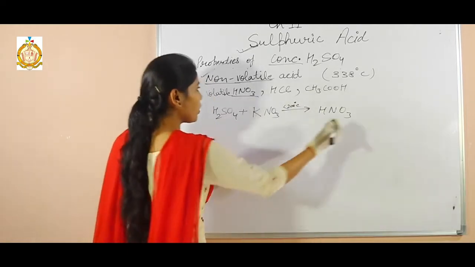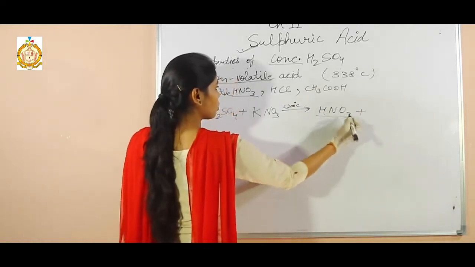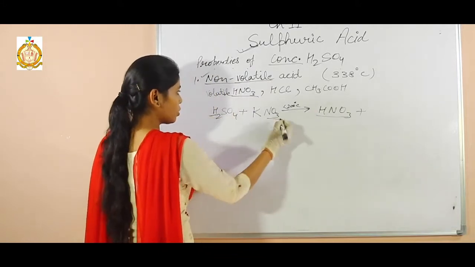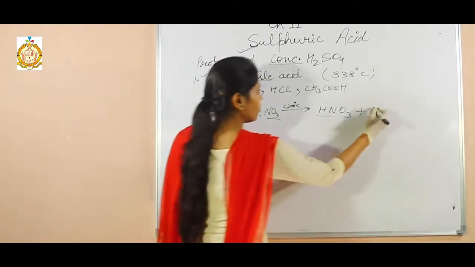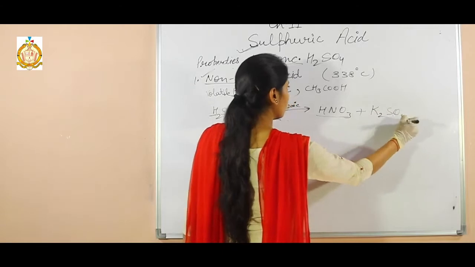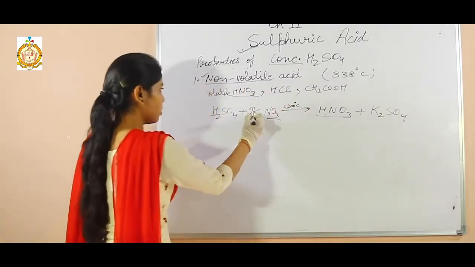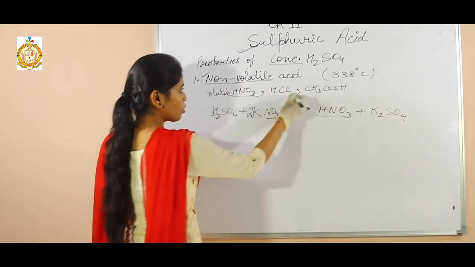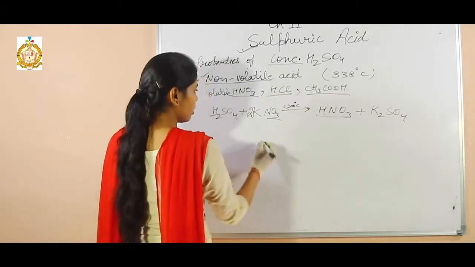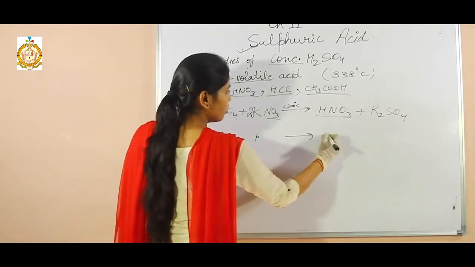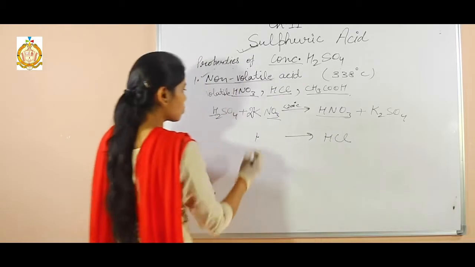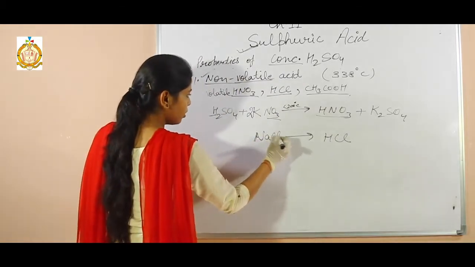Now the products will be HNO3 and another product will be K2SO4, and balance it.